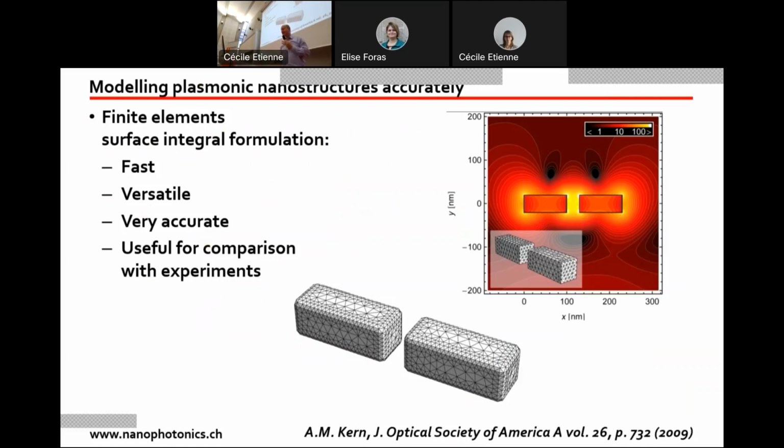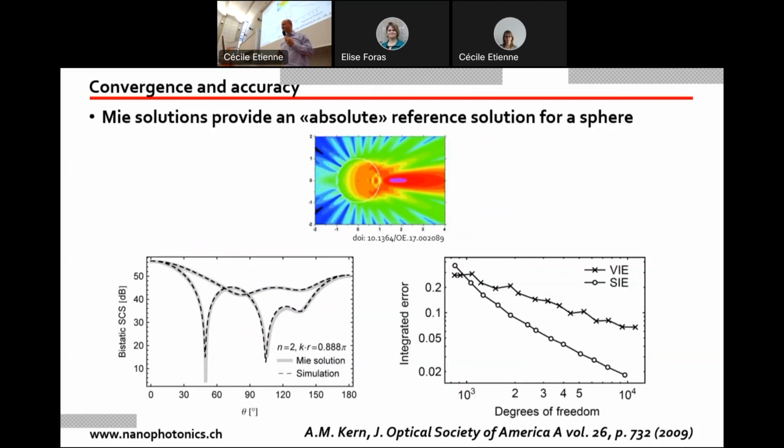For example, here is again an optical antenna, two gold nanorods with a small gap in between. If you want to get the response of that system, you just need to discretize the surface of the object. There is quite a bit of math inside, but once you've done the math, you have something fairly robust.